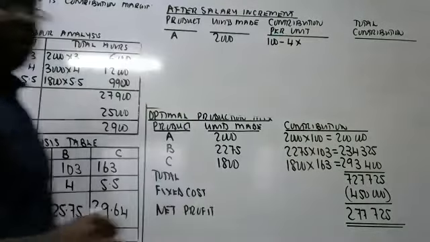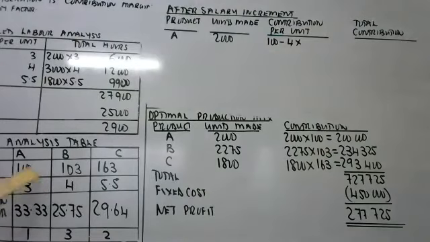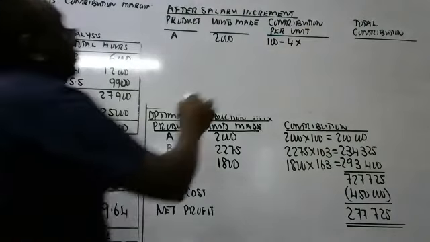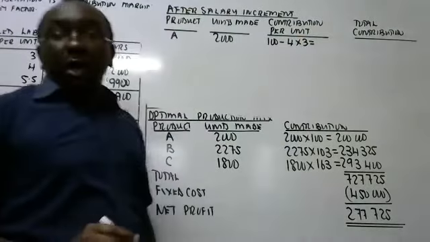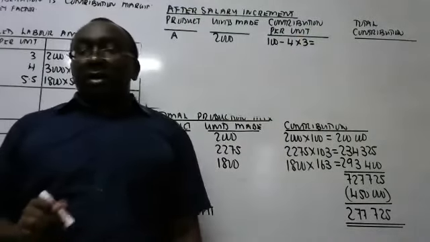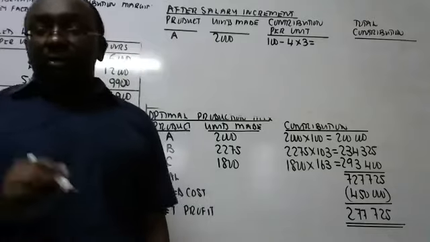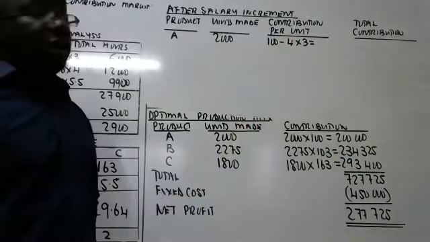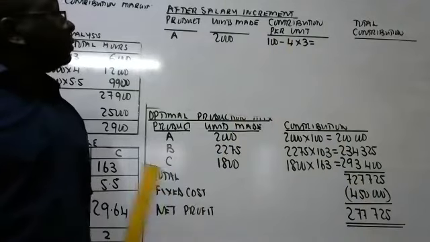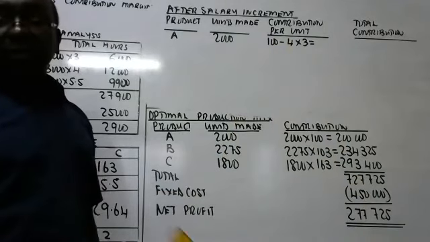And you remember, product A required 3 hours. Because when you increase labor, profit goes down. So give me the new contribution margin per unit. 100 minus 12 is what?